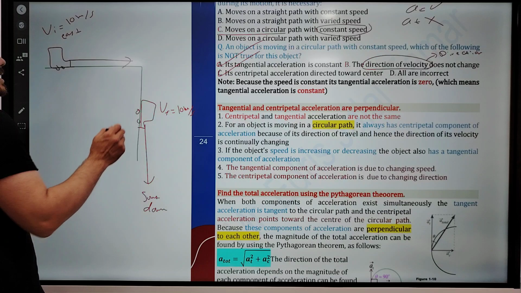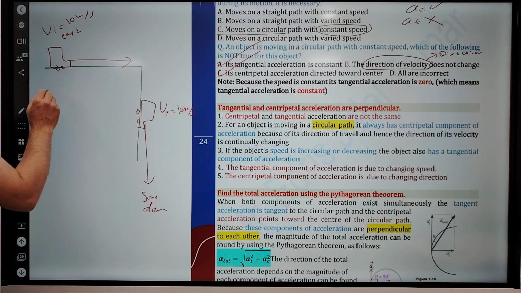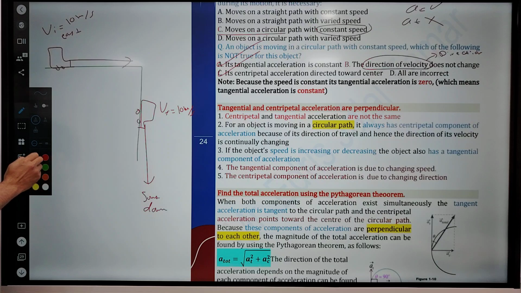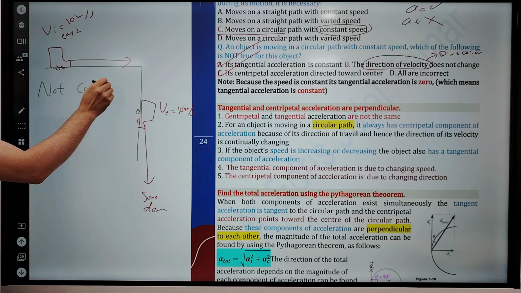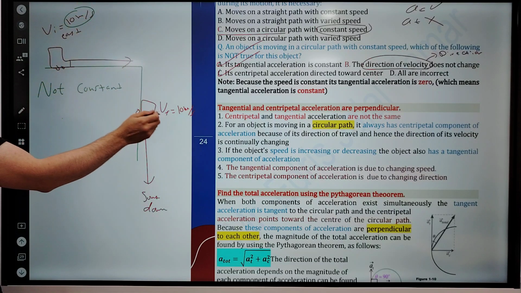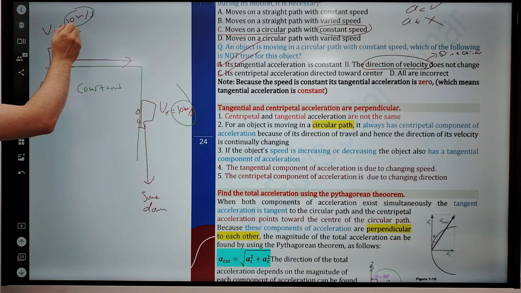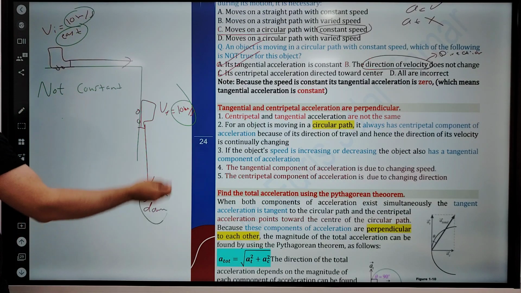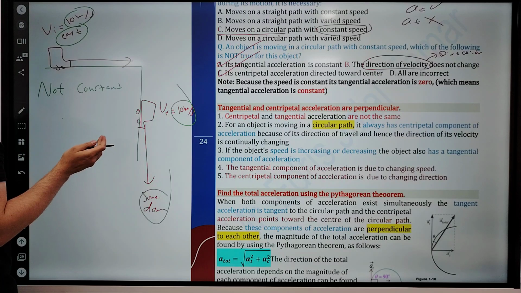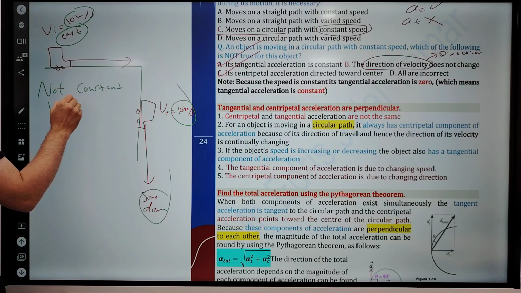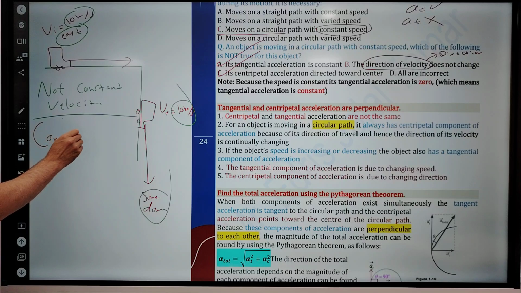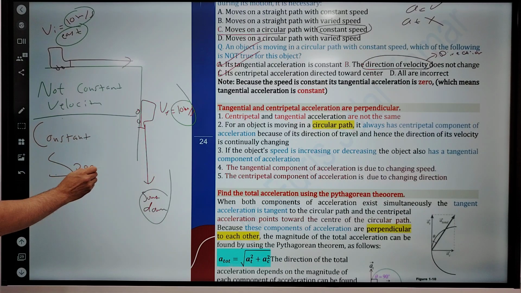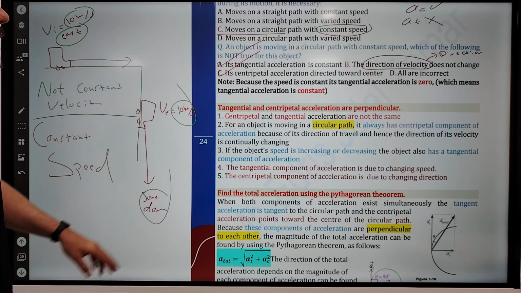Okay, so in that case, can we say this is constant velocity? No, this is not constant velocity. Be careful. This is not constant velocity. Even though the magnitude doesn't change. The magnitude changes? No. But the direction changes from east to south. So in this case, this is not constant velocity, but this is constant speed. Okay?